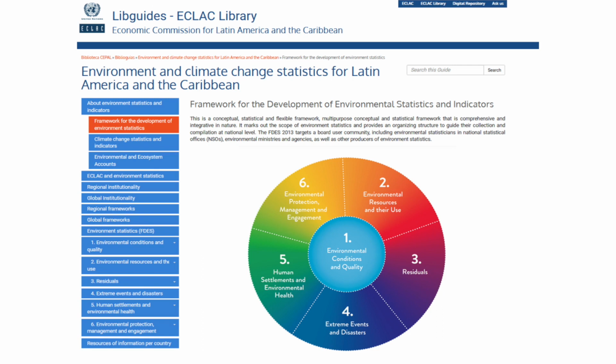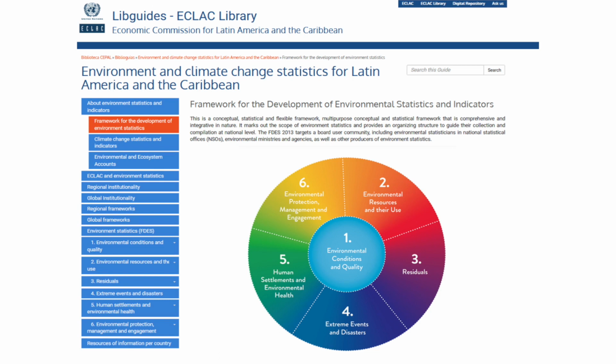Within this area, you can enter specific subsections where the organizational structure is shown and linked to the FDS, the climate change statistics and indicators, and environmental and ecosystem accounts, with their description and main documents of interest such as the System of Environmental and Economic Accounting.